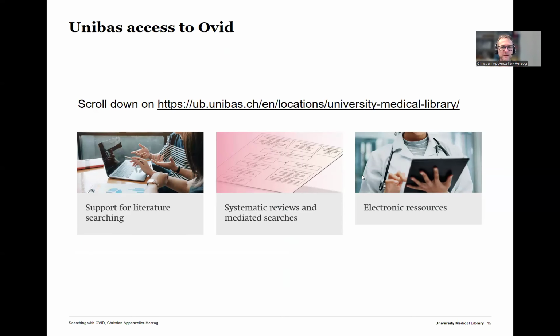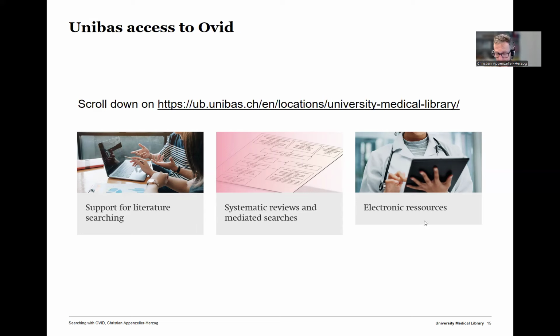Okay, the access to Ovid is via the University Medical Library website. So on this URL, you are going to find these icons here. There is support for literature searching and systematic reviews. These are the services that our team provides to you, might also be interesting for you.